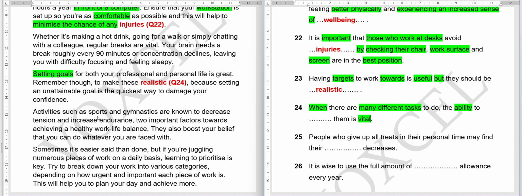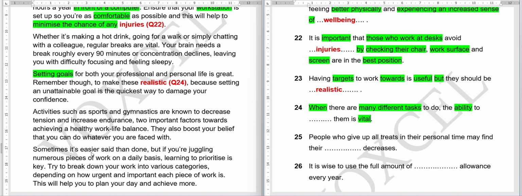Activities such as sports and gymnastics are known to decrease tension and increase endurance, two important factors towards achieving a healthy work life balance. They also boost your belief that you can do whatever you are faced with. So they are also increasing your belief in yourself.